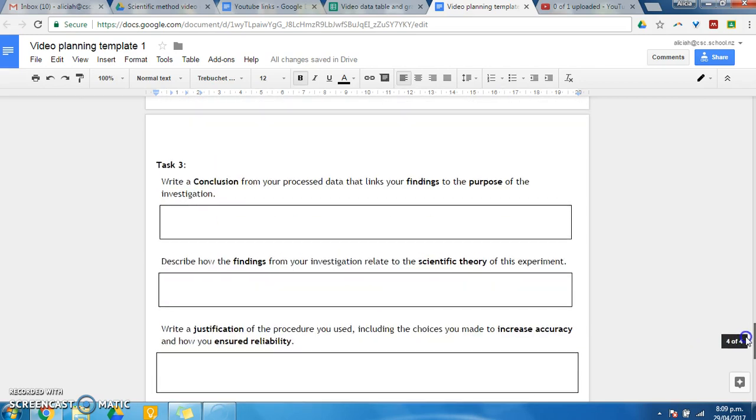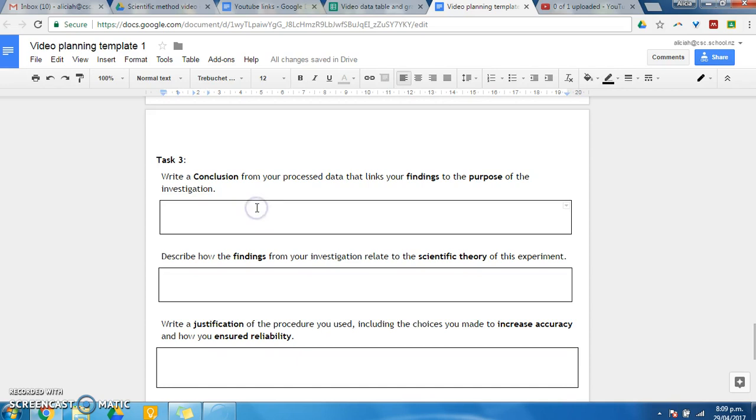So it's important in a conclusion that you include the purpose and then how your results from the graph or from your data table link to that purpose, and then include some of those points of data to back up what you're saying also. So we'll start by restating the purpose. That's usually the easiest way to go.